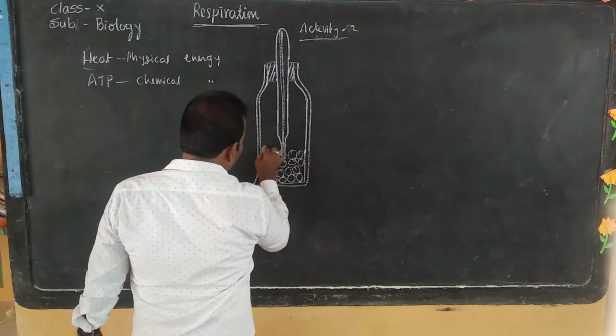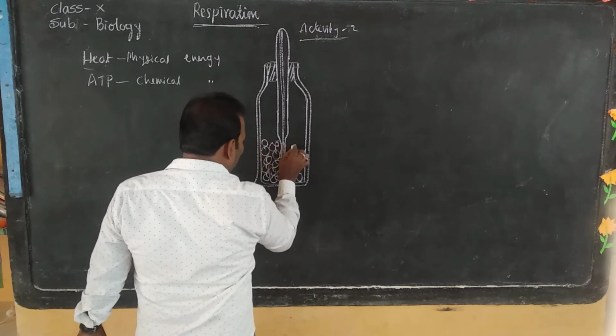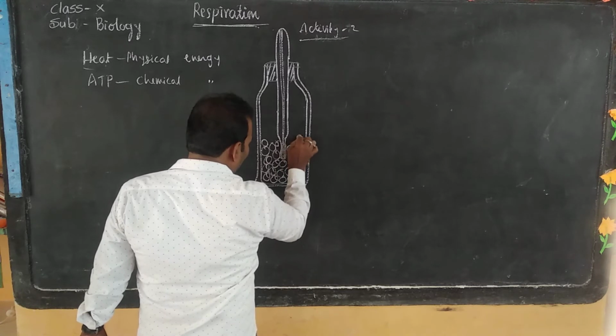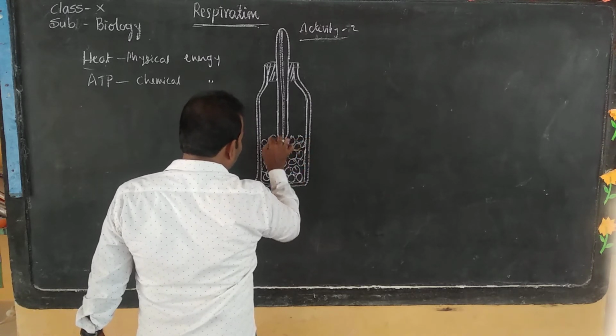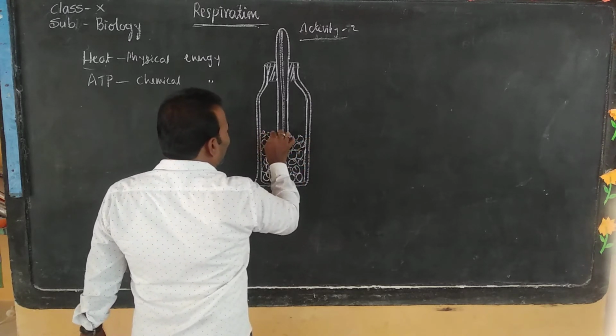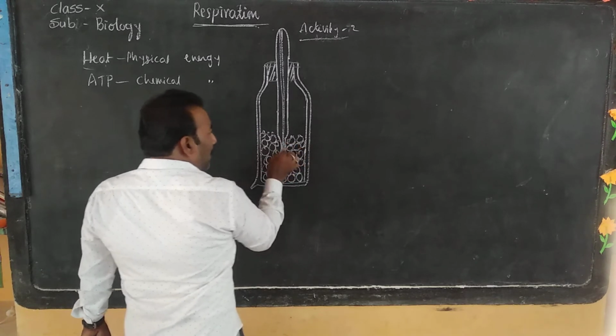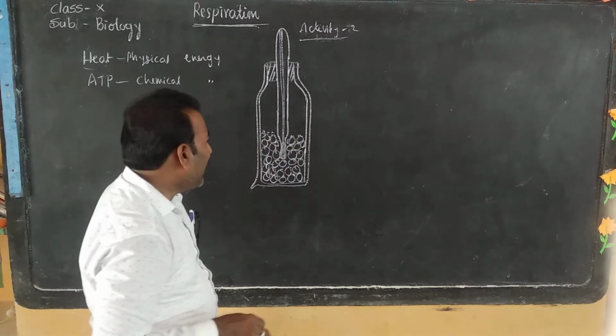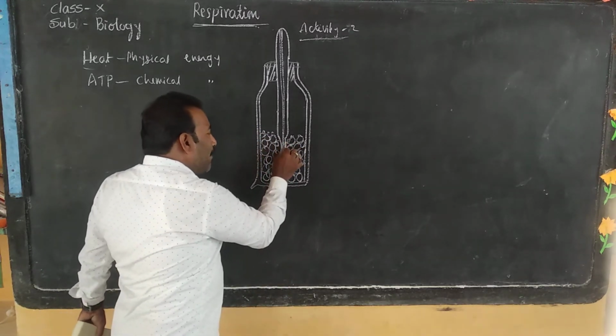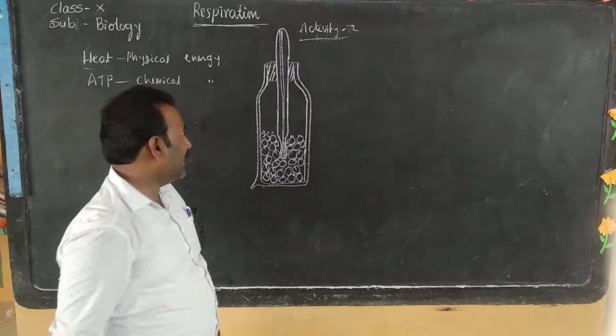The seeds must be covering the bulb of this thermometer. In this way, the bulb of the thermometer must be covered by the germinating seeds.